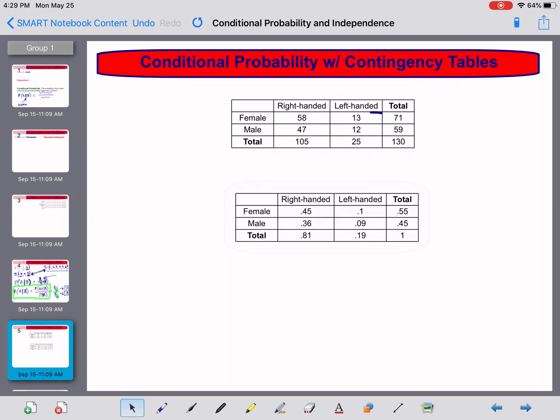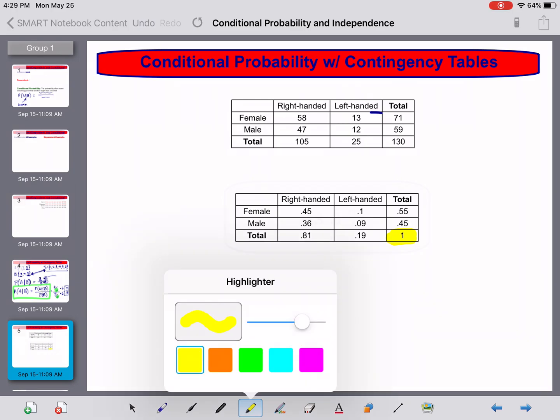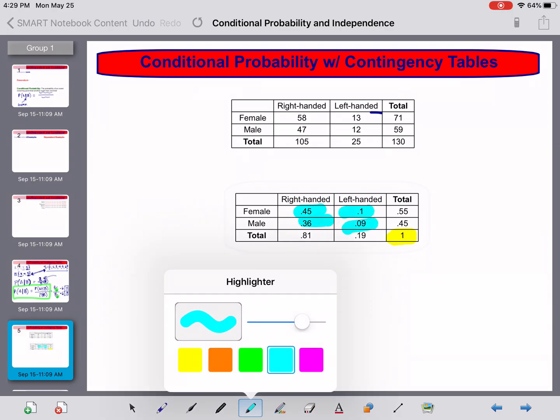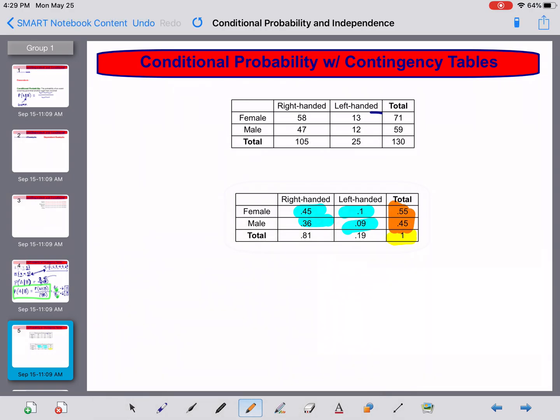You'll see that the same kind of thing is holding, except now the total is equal to 100%. And everything else is broken down accordingly. The joint distribution now is broken down in our percentages, but still equals 1. And the same thing with our marginal distribution. That also will give us our 1.